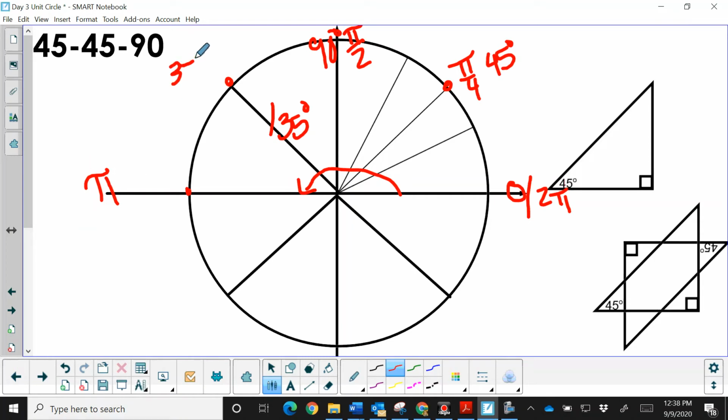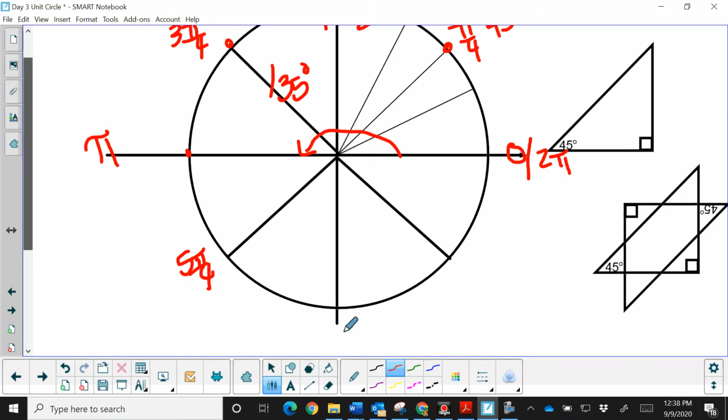So that's 3 pi fourths. That's 135. Then at this position, that's 5 pi fourths. Add another pi fourths, and that's 3 pi halves. That's 1.5. And then at this position, that is 7 pi fourths. So we're adding a pi fourths each time.